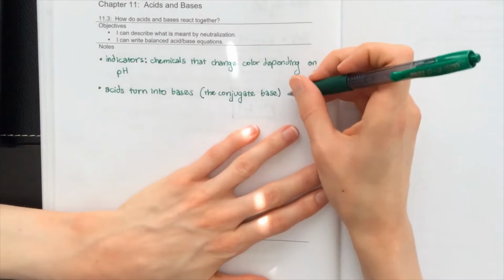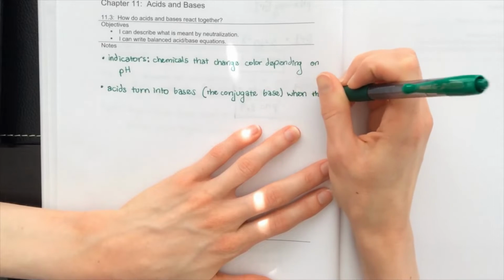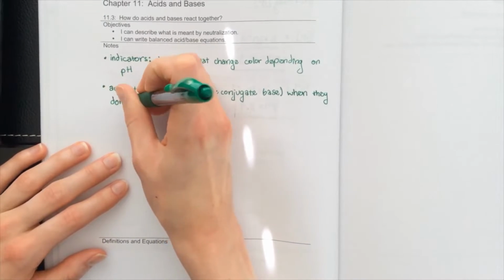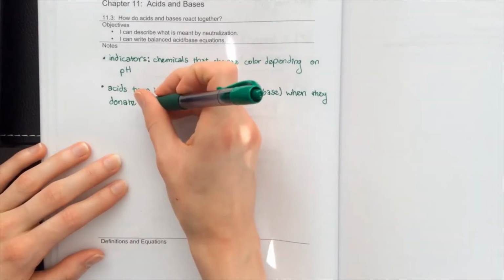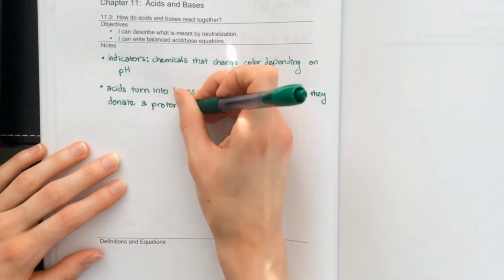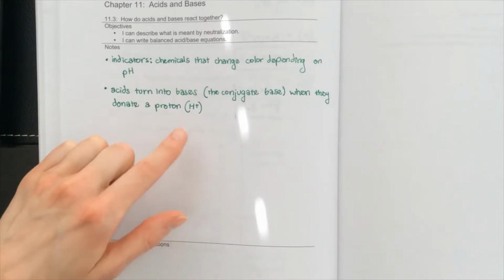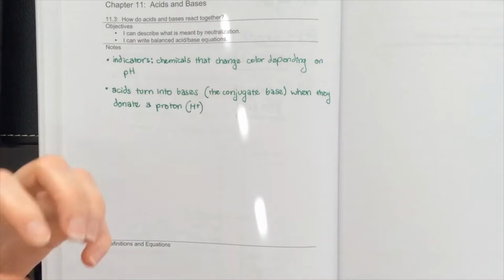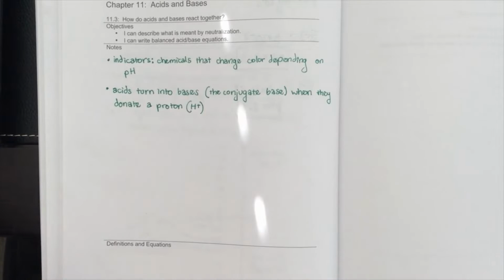Acids turn into bases when they donate, which is just a fancy way of saying give away, a proton. When I say proton, that actually means H plus. Hydrogen ion, H plus, is just a proton, because hydrogen is just a proton and an electron, so when it loses the electron, it's just a proton.